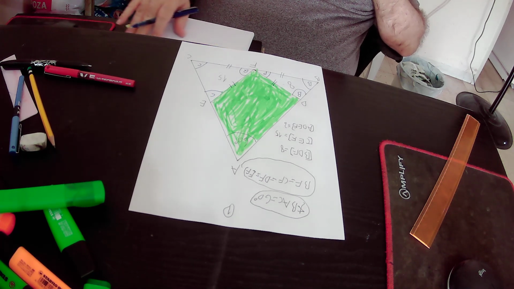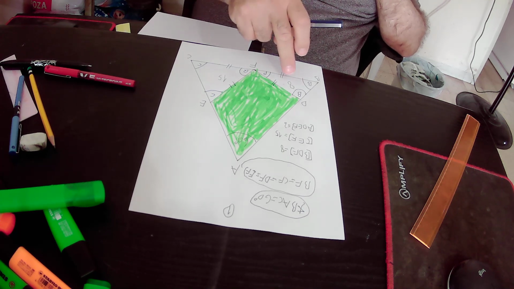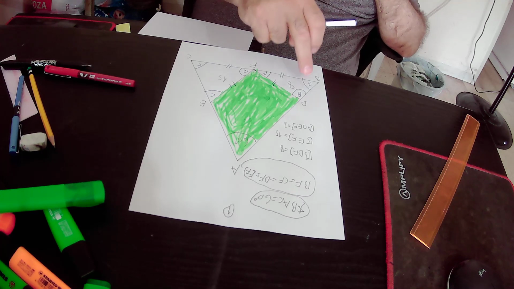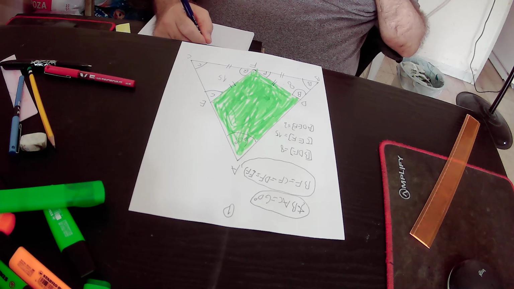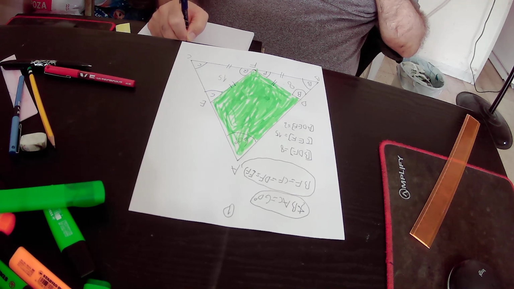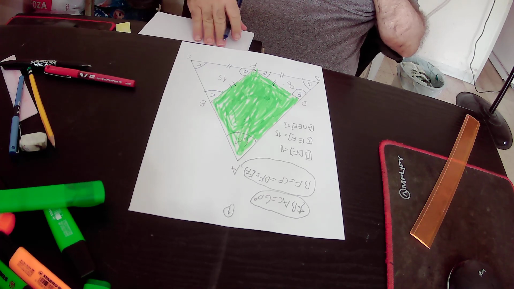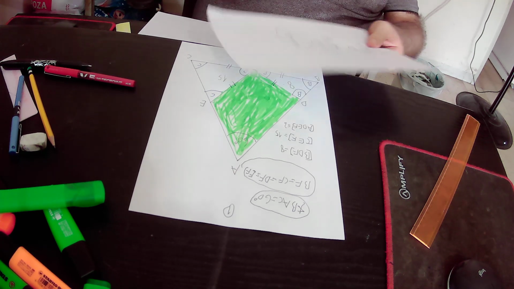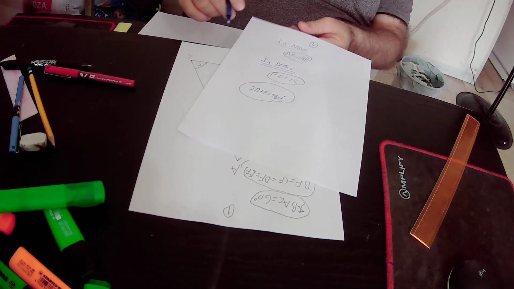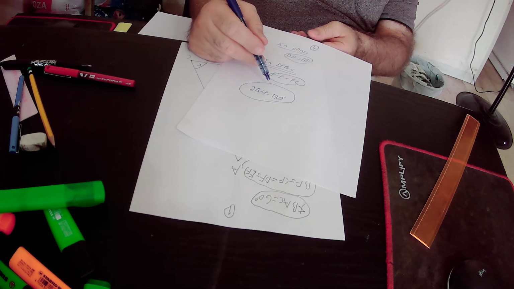Okay, so we know that the sum of the angles in triangle BDF equals 180 degrees. That is to say, B plus B plus P equals 180 degrees. B plus B is 2B, plus P equals 180 degrees.